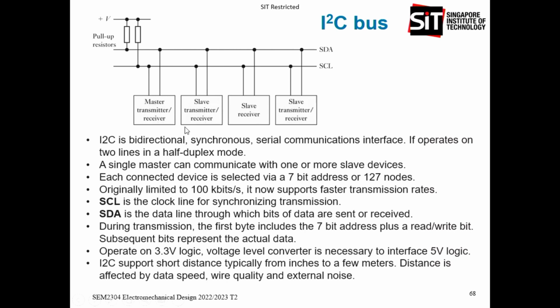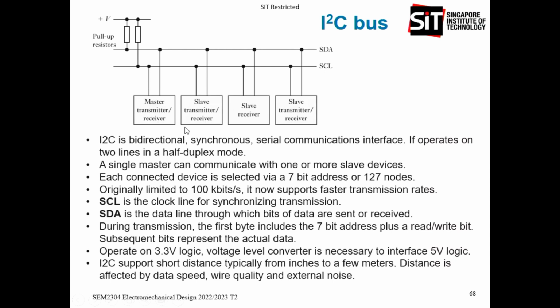As we have mentioned, all the slaves will have an address from 0 to 127. So there are 127 nodes.